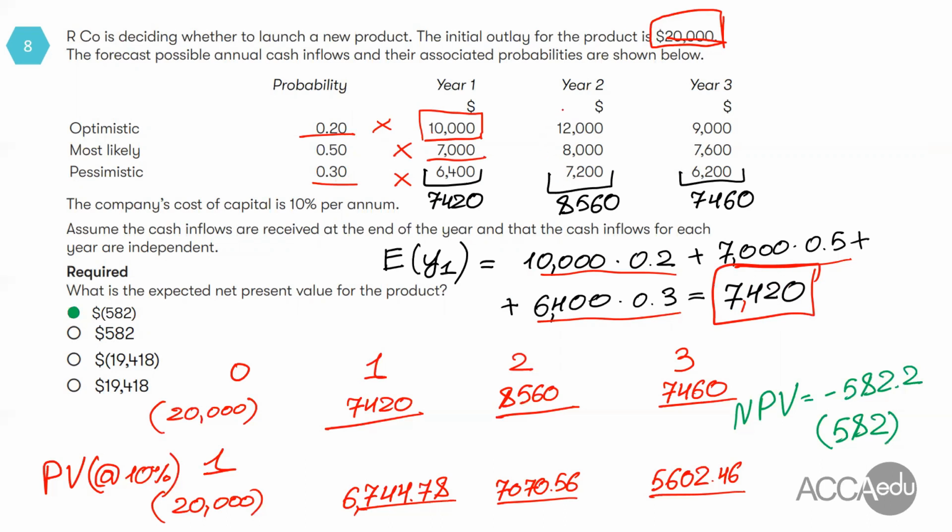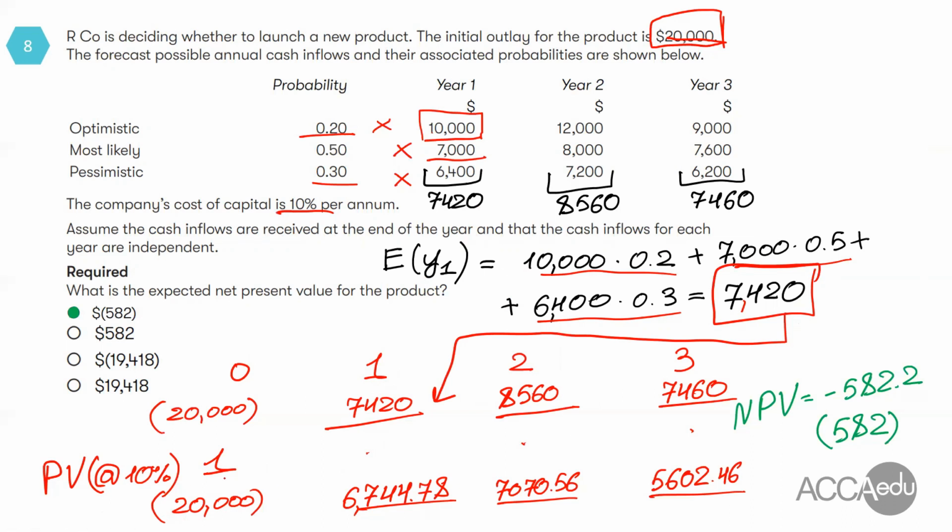The same steps have been done for year 2 and year 3. So at the end, we now come up with the traditional NPV calculation with the $20,000 investment required today at time 0. In the first year, our expected value is 7,420 as we came up with here. Year 2 and year 3 are also given. At the cost of capital of 10%, you can write down the discount factors, and then we multiply by the discount factors to come up with the present value of cash flows.